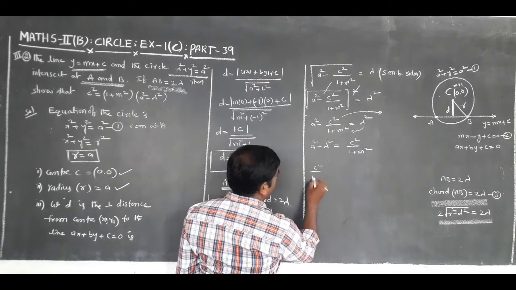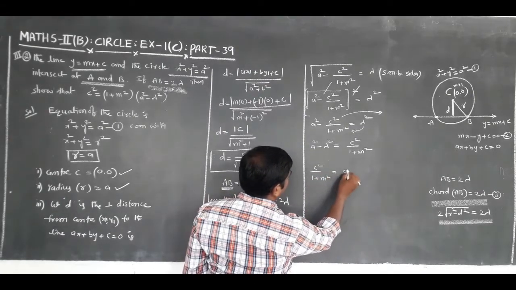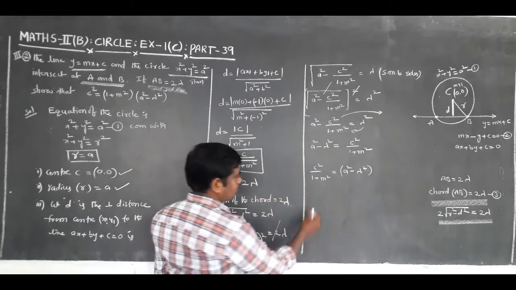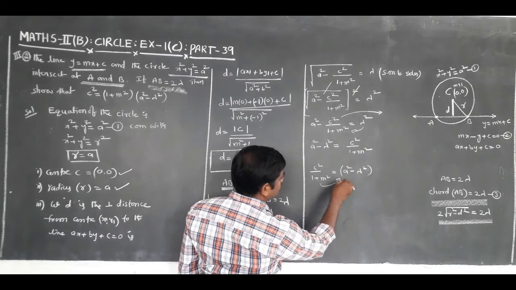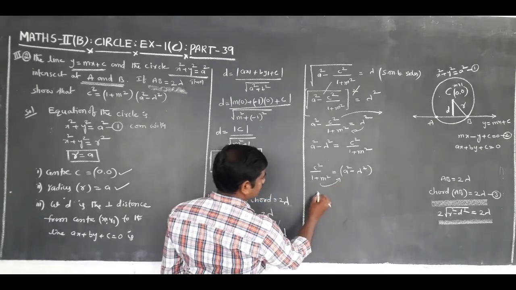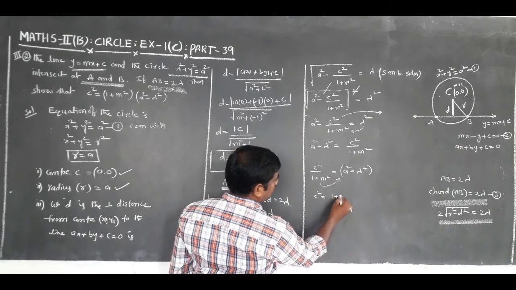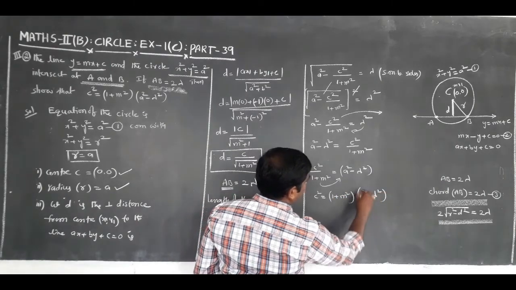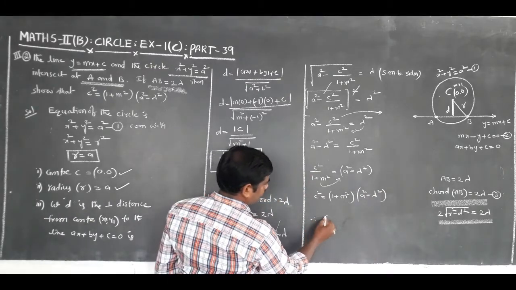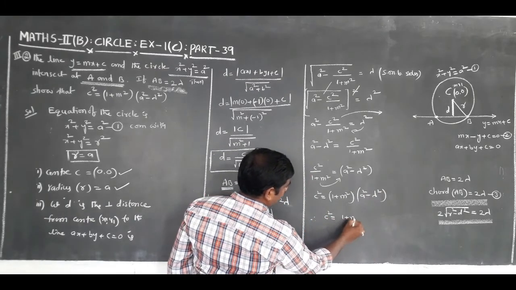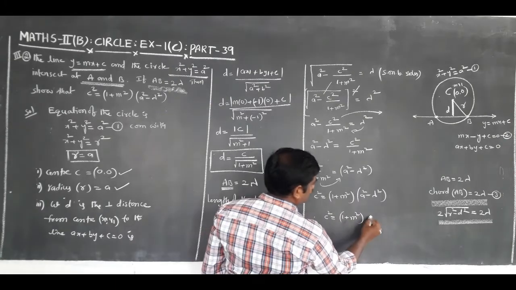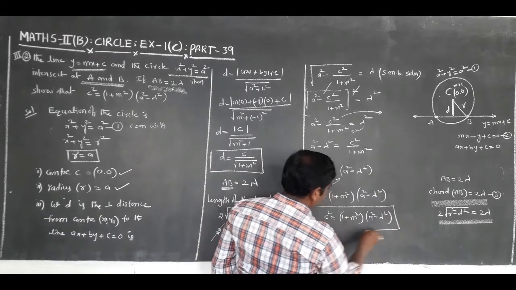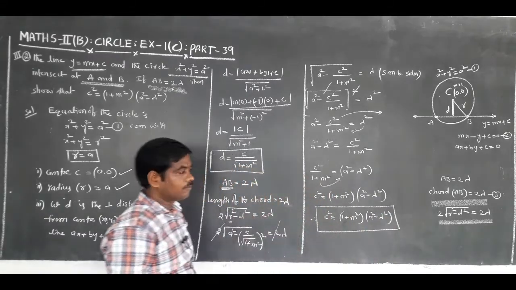Taking 1 plus m square to the right side, c square is equal to 1 plus m square into a square minus lambda square. Therefore, c square is equal to 1 plus m square into a square minus lambda square, which is the given proof.